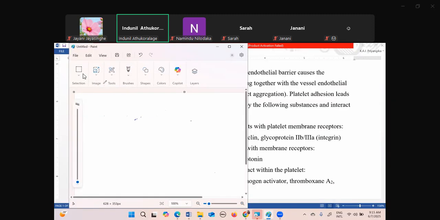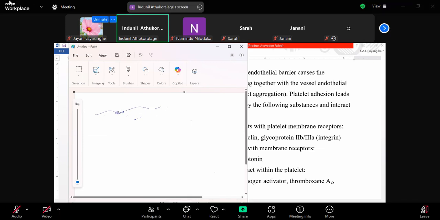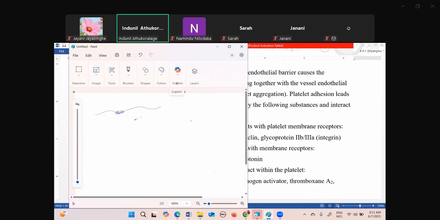So it's like now we said there is damage. This is the damaged area, and then there are platelets. Platelets are there, right? So if you take a platelet, this activation, right?